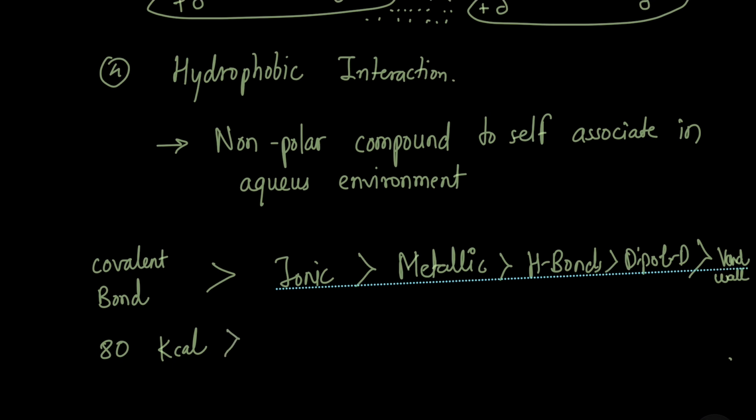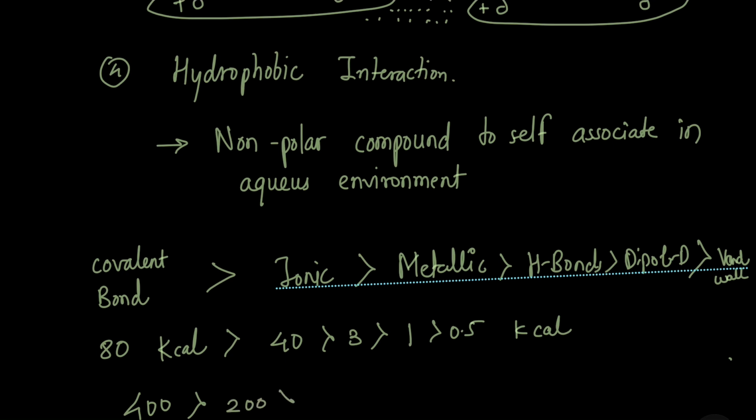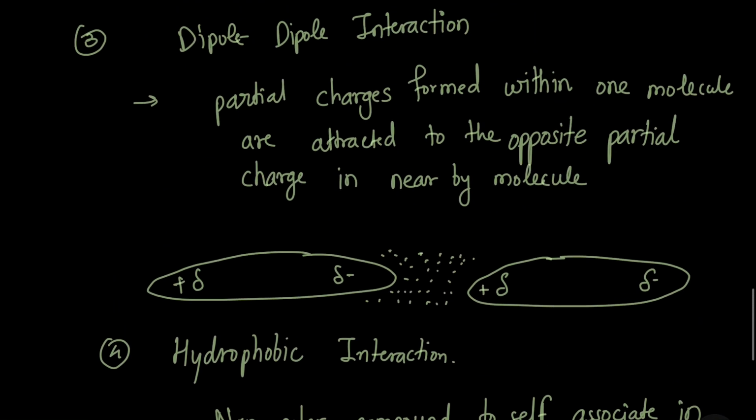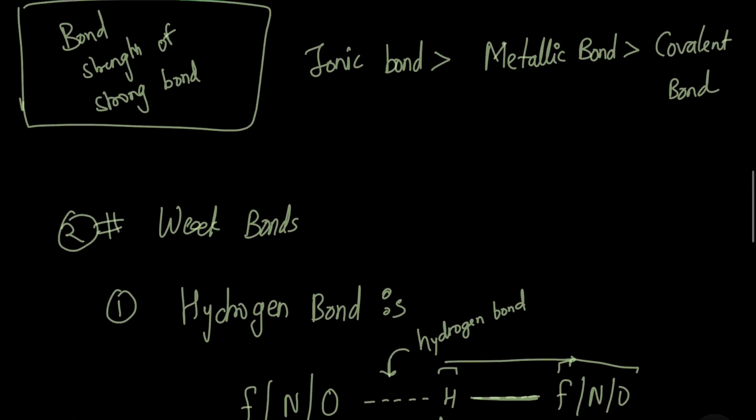So energies are 80, 40, 3, 1 and 0.5 kilocalories and 400, 200, 15, 5, 3 in kilojoules. That's all for the interactions and chemical bonds in the biochemical molecules.